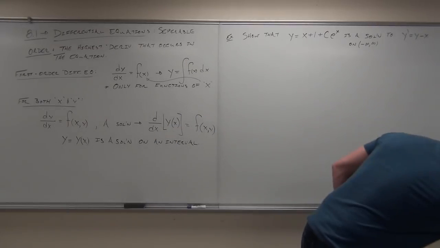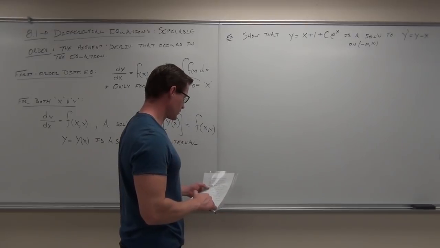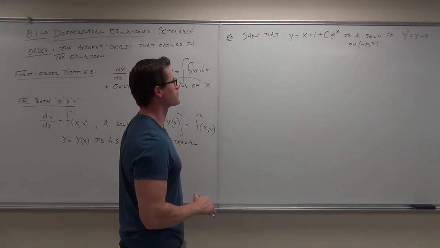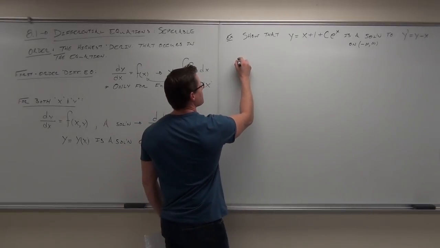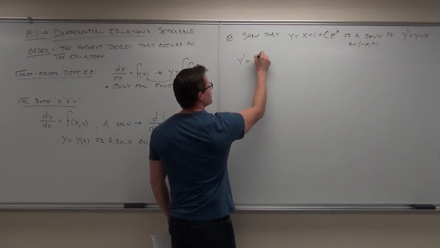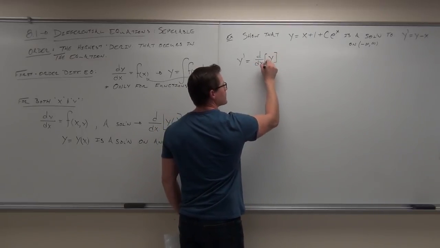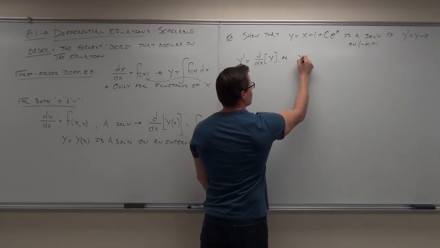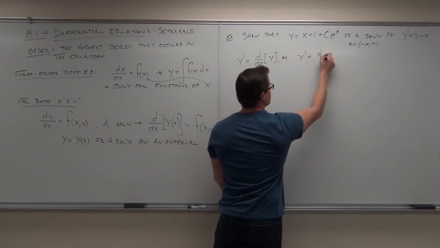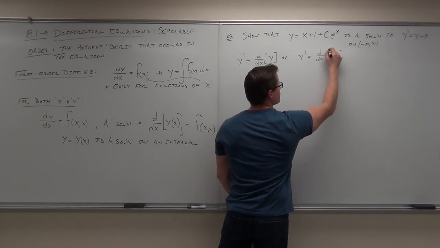Well, first things first. Do you understand that y prime is the derivative with respect to x of y? Did you guys get that? Or y prime is the derivative with respect to x of y of x, because they're basically the same thing.